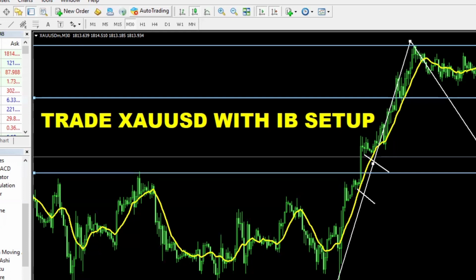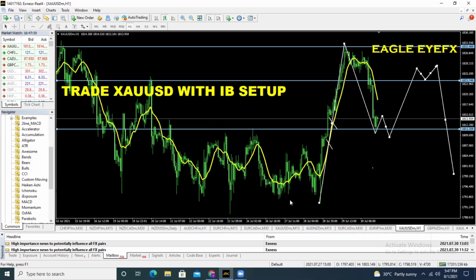So in this case of gold today, the time frame we are looking at right now is 30 minutes, but I can change it to 1 hour time frame. What is actually happening in a larger view? Market has been doing whipsaw, which I call up, down, up, down, and market finally took off in a significant movement.